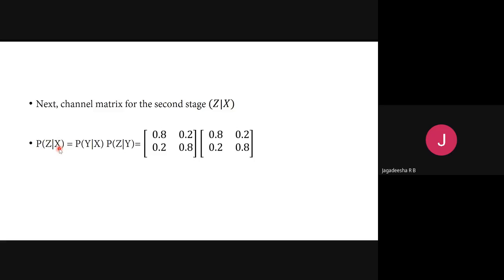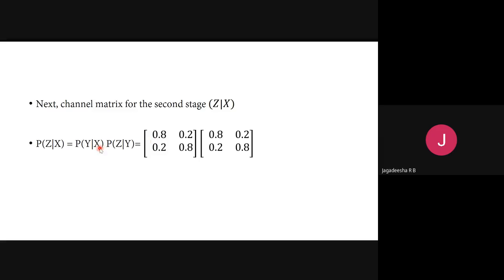That is a combination of these two, X and Y and Z, right? So this is the first part of the channel, and this is the second part of the channel, where Y is the input, Z is the output. Altogether, that gives us XZ, right? So we are adding the second stage here. In the previous slide, we just saw the first stage of the channel between X and Y. Now we are considering the whole X to Z.